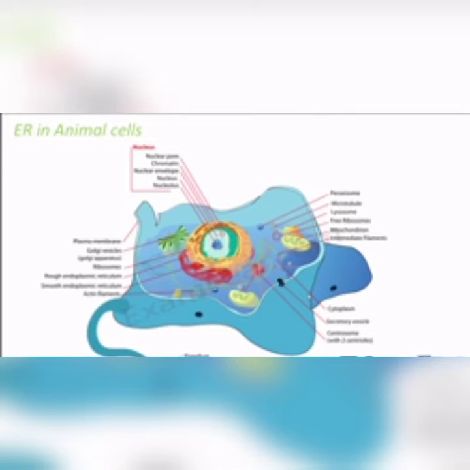Before that, let us look at the location of endoplasmic reticulum in animal cells. So where do you see endoplasmic reticulum? Here. Rough and smooth endoplasmic reticulum. So this is rough endoplasmic reticulum and this is smooth endoplasmic reticulum. Here you can see the structure also.